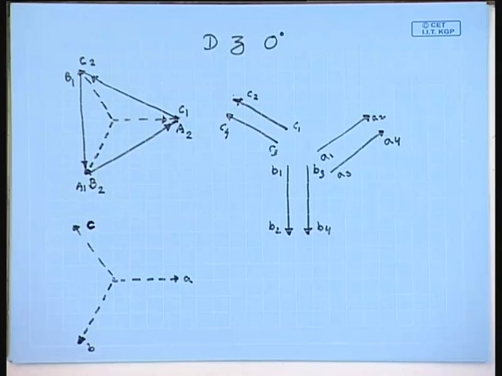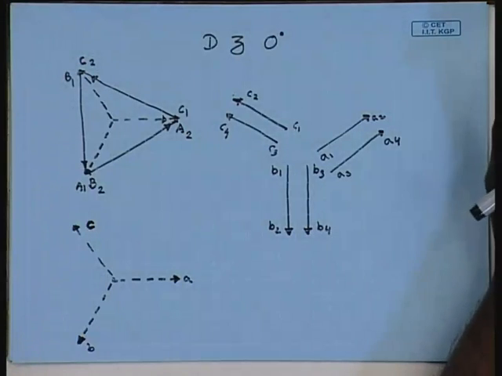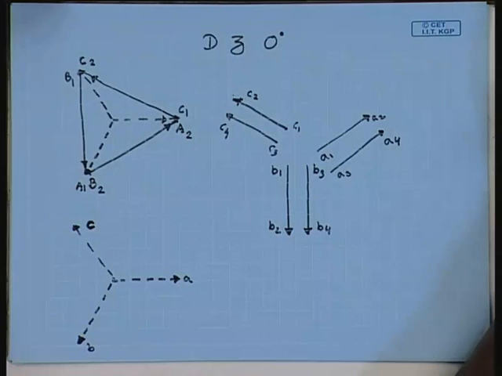Now, in a zigzag transformer, each phase is formed by connecting two different winding sections, belonging to two different phases.